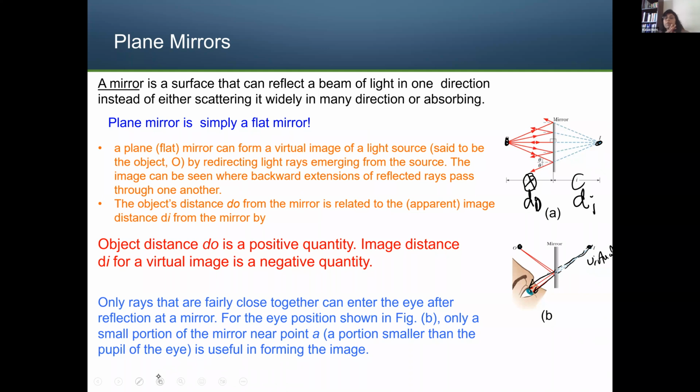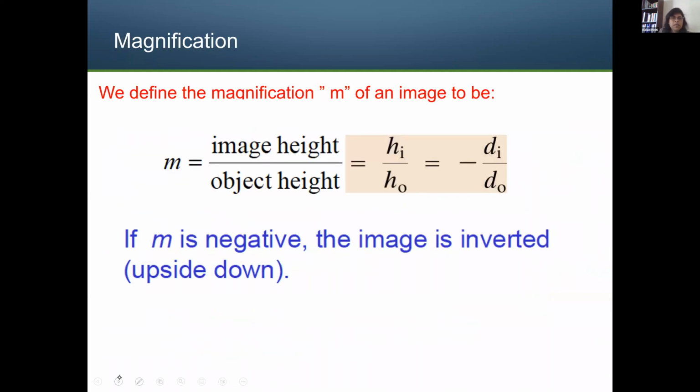Before that, let's move into this one, and then we can come back to that. The things I am talking about here apply not only to the plane mirror, but also to the other mirrors and lenses that we're going to talk about throughout this section. So what does magnification mean? If you measure the height of the object and the height of the image, and take the ratio of the height of the image to the object, we call it magnification: HI over H naught.